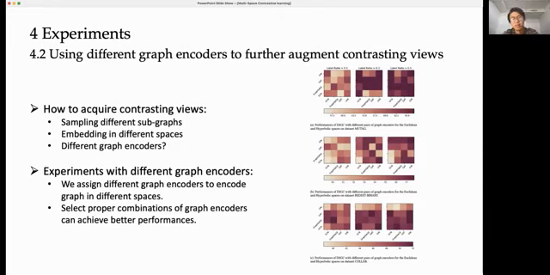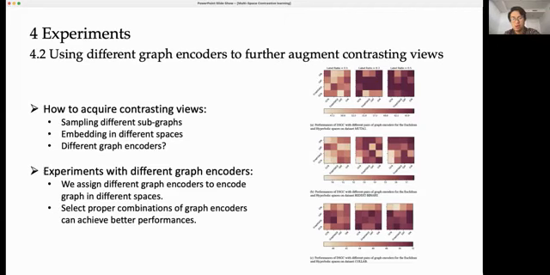The experimental results are shown in the figures, where the x-axis corresponds to the graph encoders for the hyperbolic space, and the y-axis corresponds to the graph encoders for the Euclidean space. The block with deeper color represents higher accuracies.